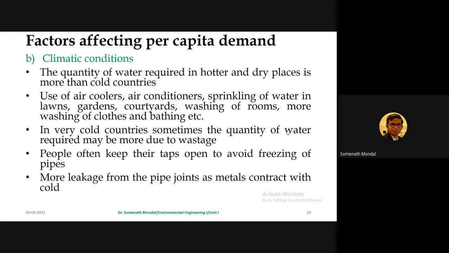Let's say, at hotter and drier places, the consumption of water would obviously be more, because people would love to take more baths and more cleaning. They would run air coolers, air conditioners, and these are the reasons why the consumption would be more.